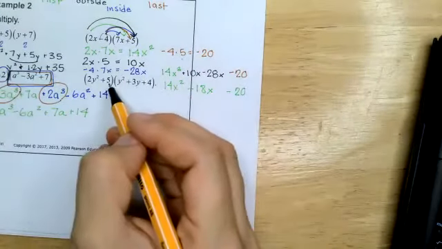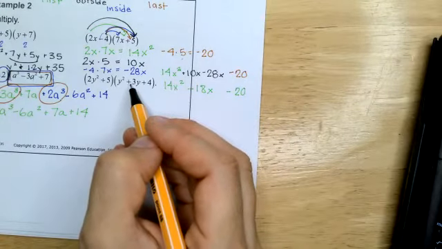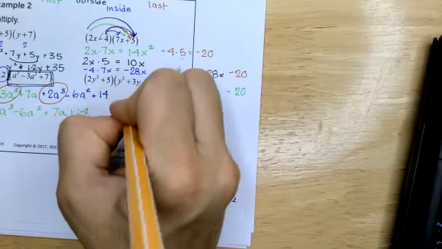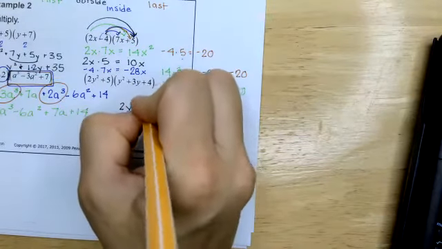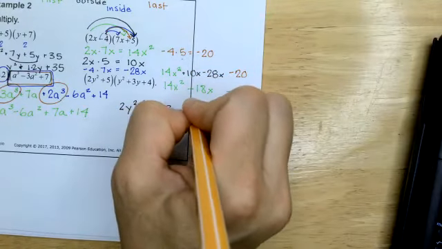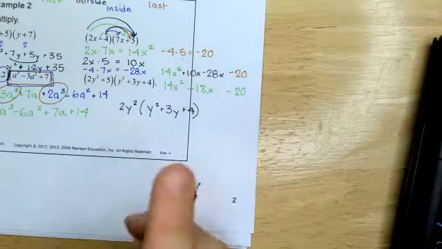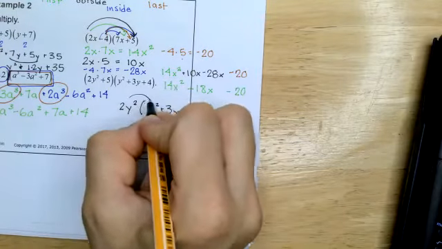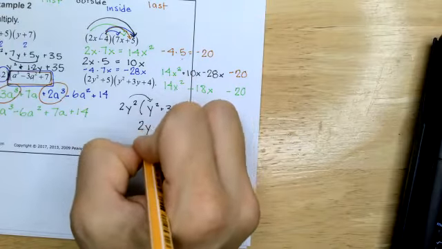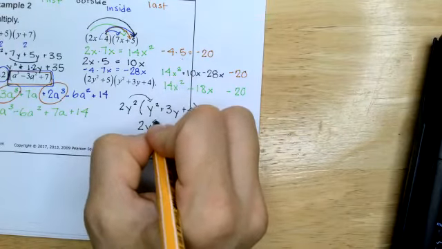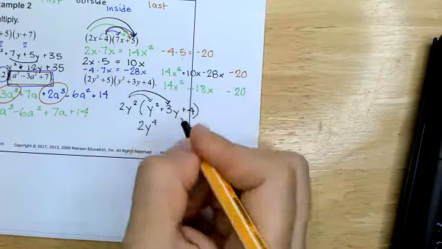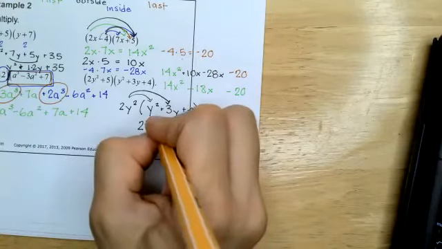All right, 2y squared plus 5 times y squared plus 3y plus 4. It's the same as 2y squared times y squared plus 3y plus 4. So what that would become is 2y squared times y squared becomes 2y to the 2 plus 2 is 4. 2y squared times 3y, 2 times 3 is 6.